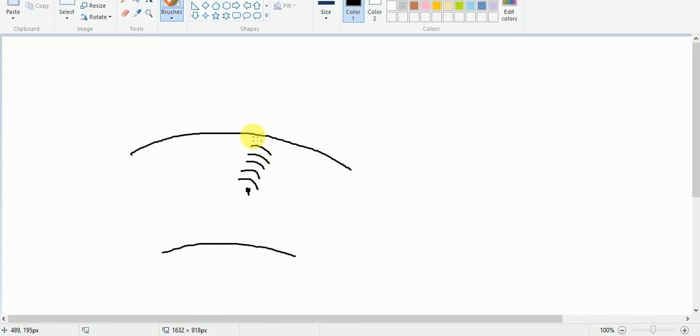When these body waves reach the surface of the earth, they interact with the surface rocks and materials, and a new wave is generated, and this new wave is known as surface wave.